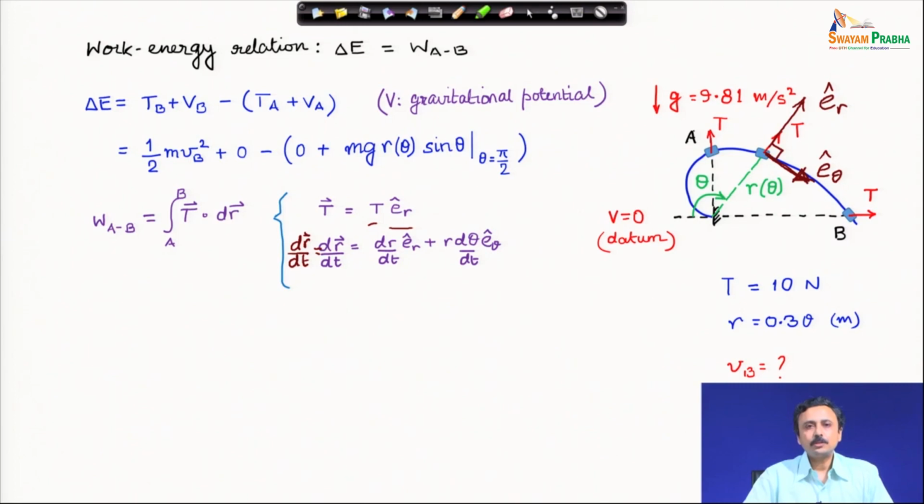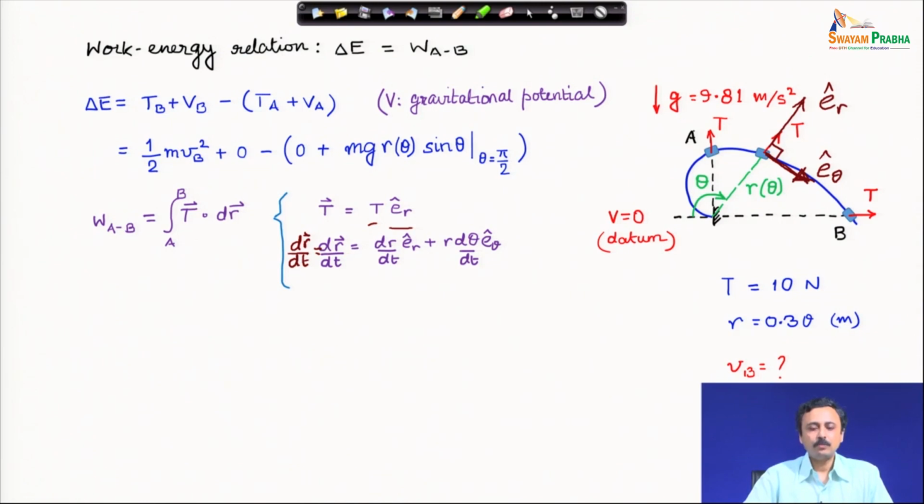I have written this out also for you. dr dt is r dot, the rate of change of the radial distance, which is along E r cap, plus r theta dot, where theta dot is d theta dt, along E theta cap direction. These expressions we have seen in kinematics.